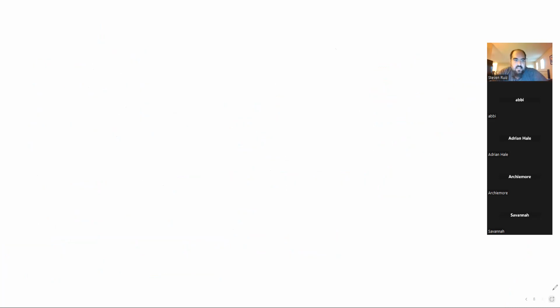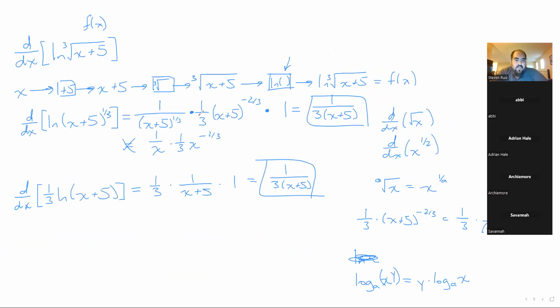In the one we just did, the first way we did it, we did this complicated chain rule with 3 layers in it. But with a rewrite, you can avoid it.